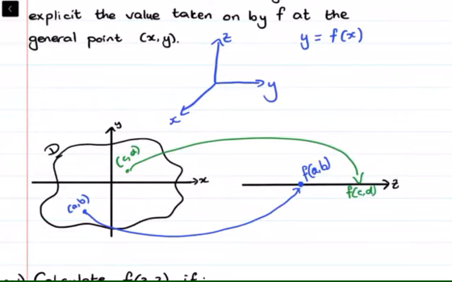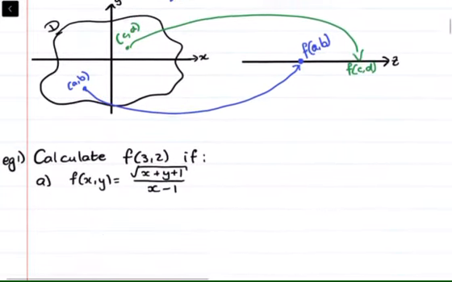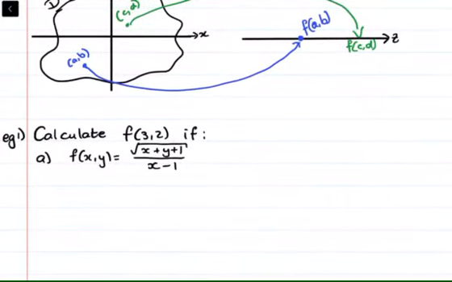So now let us calculate f at (3, 2) if the function is given by this. Remember, what did I say? We said that it is an ordered pair, and I emphasized that we start with x then y.